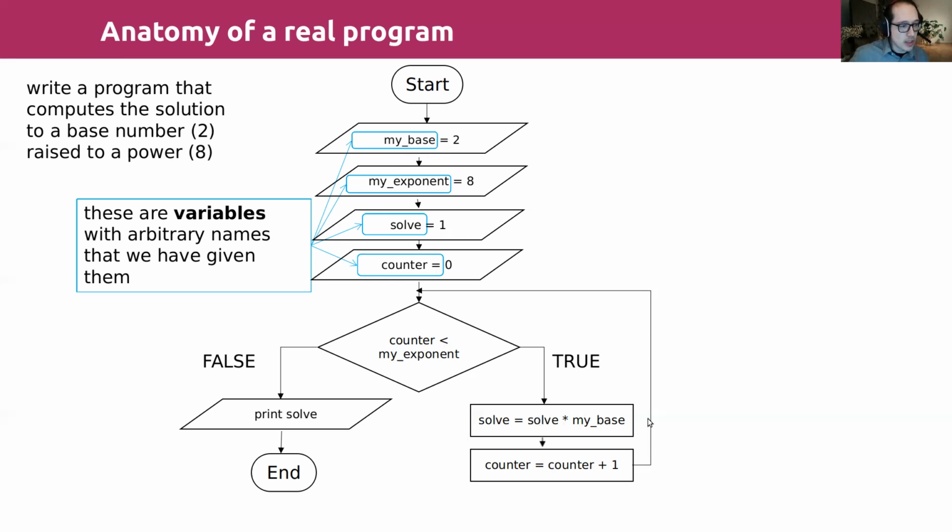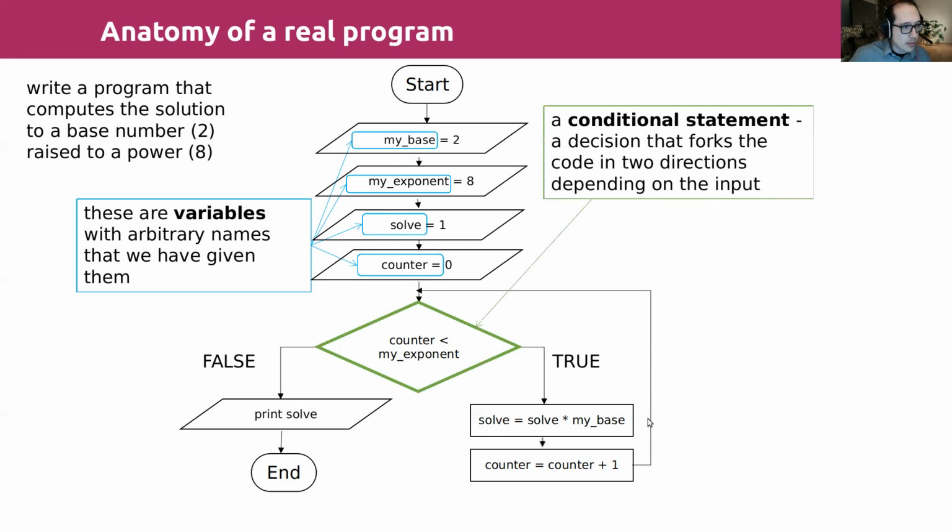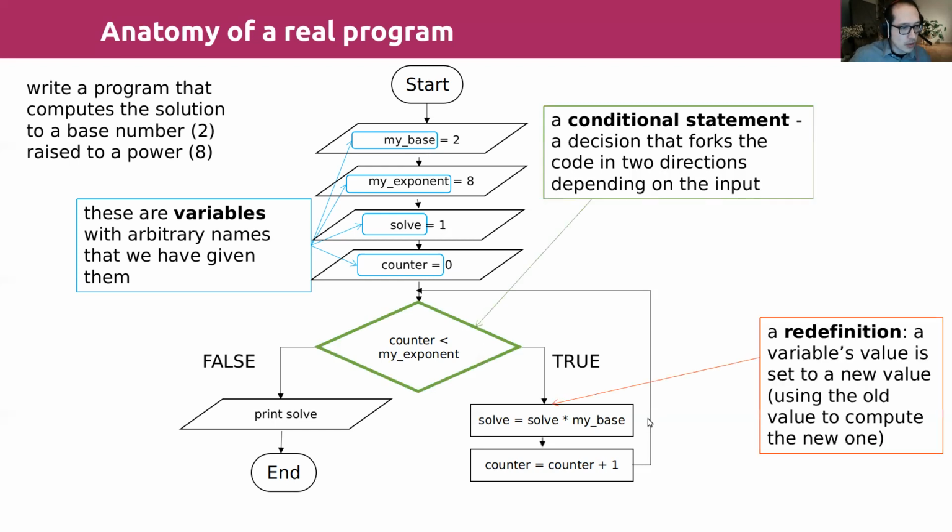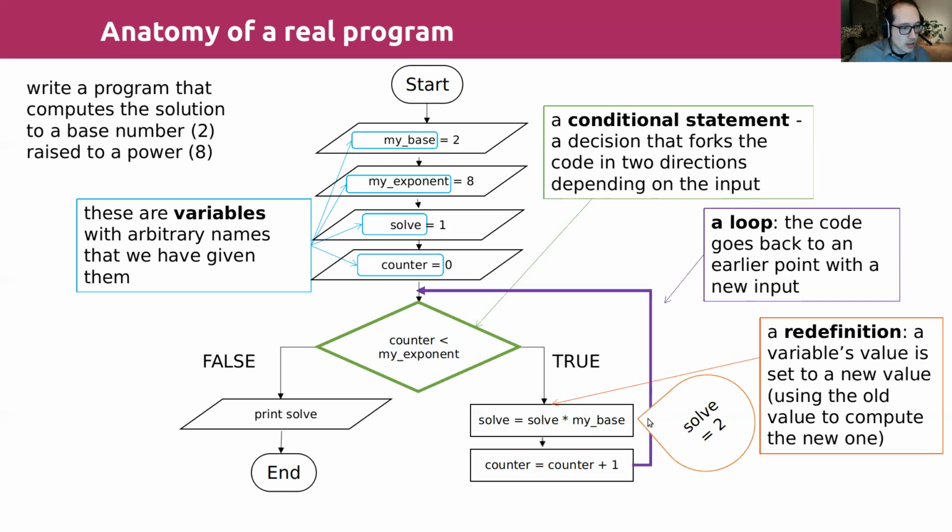So in the first iteration, solve is going to be equal to 2. And then we'll move to this second operation here, which is going to increment the counter by 1. Counter equals counter plus 1. Counter was 0, so after this first operation, counter's value will change to 1.